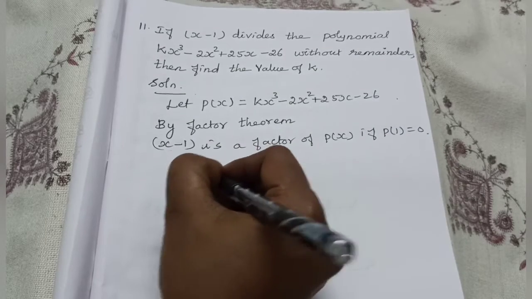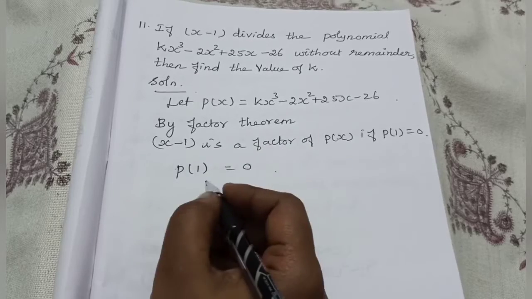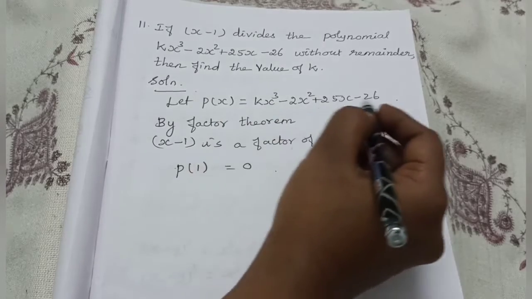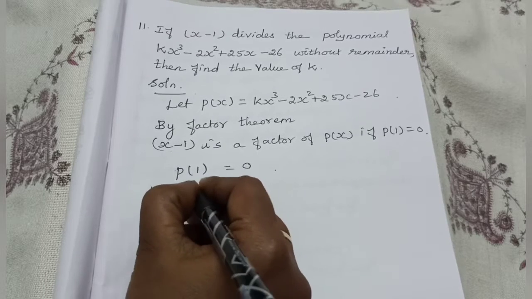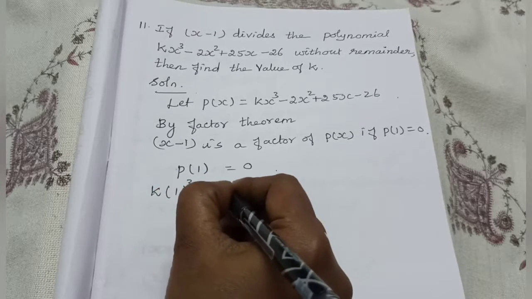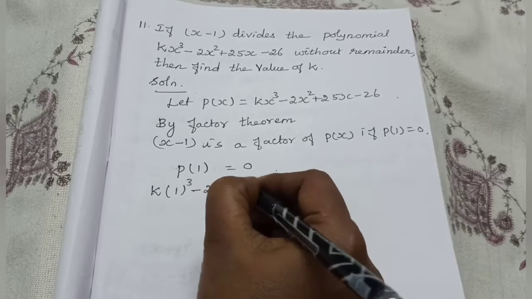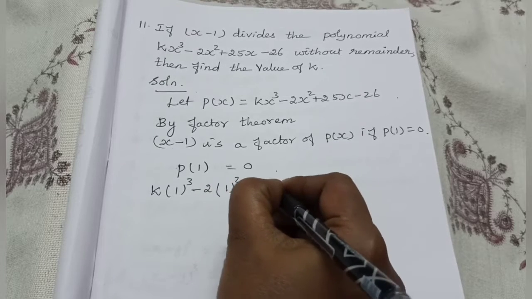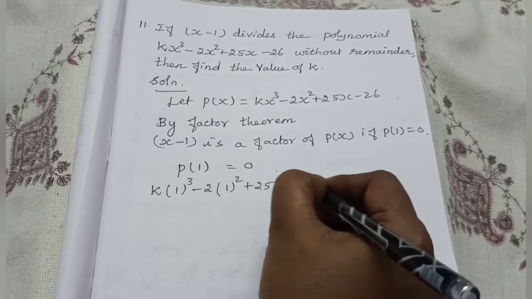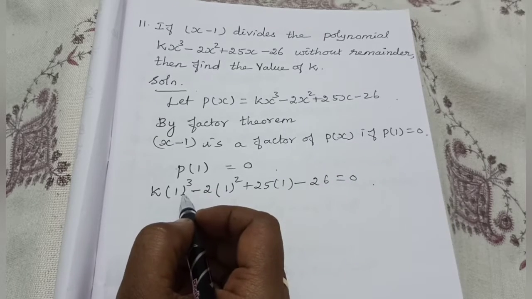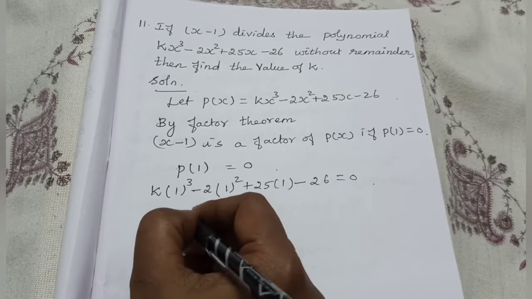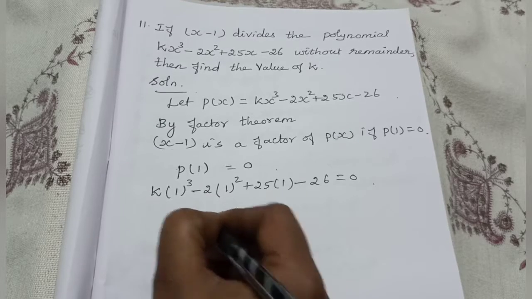p of 1 equal to 0, therefore we substitute 1: k into 1 cube minus 2 into 1 the whole square plus 25 into 1 minus 26 equal to 0. k into 1 cube is 1 into k, which is k.